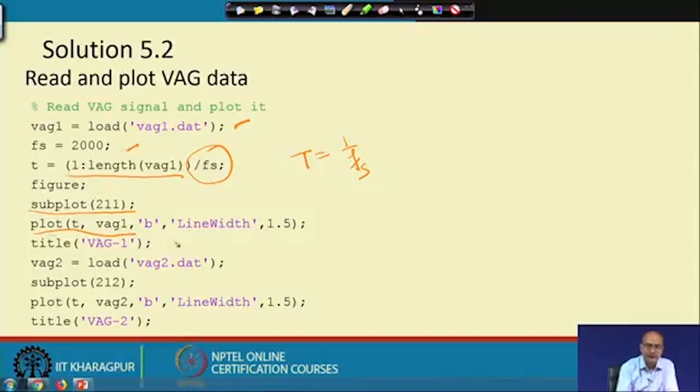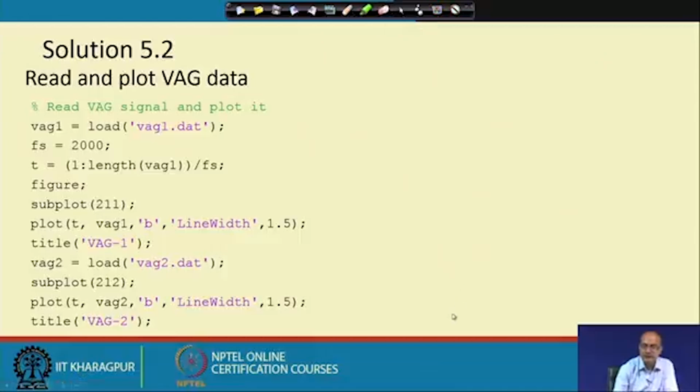Next, we have read the VAG2 signal and we have taken the plot of it below. In both cases we have specified the color of the plot to be blue and the line width to be 1.5. That is the extra information given here.